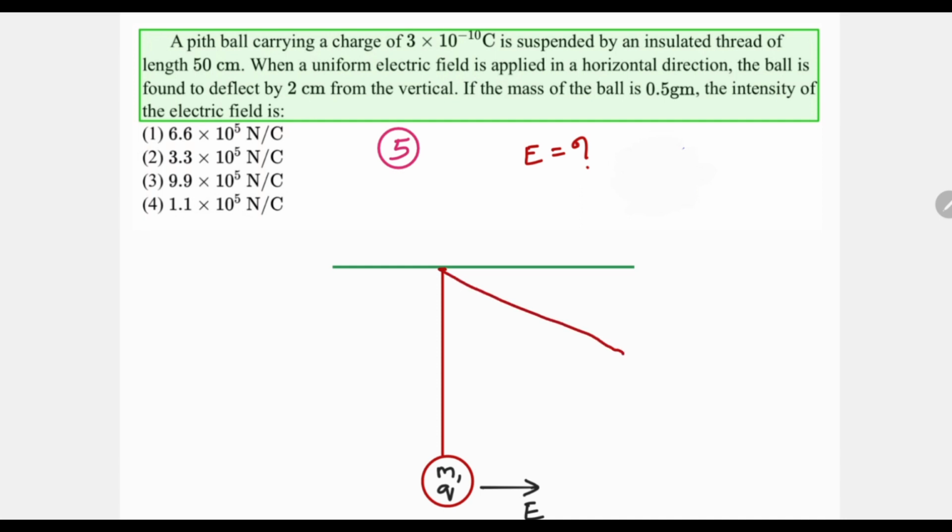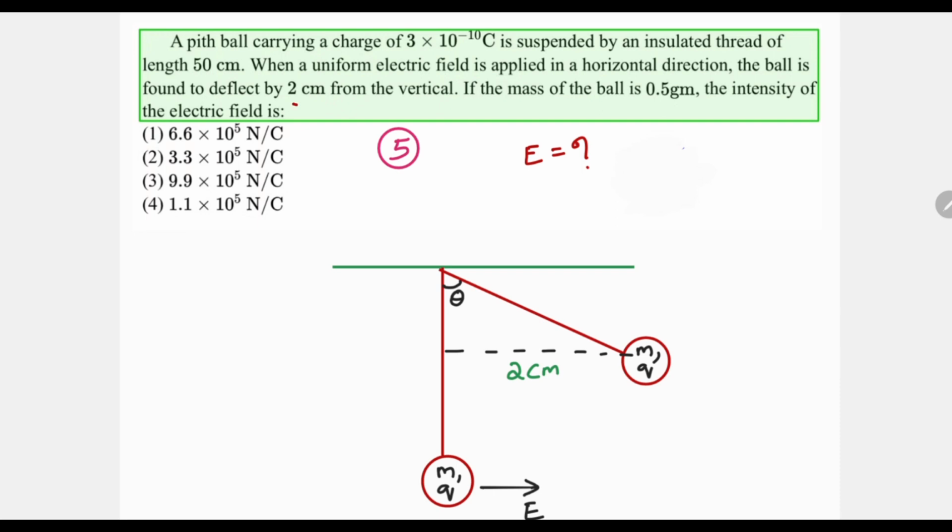The deflected position. Now here it is your mass m and charge q. Pith ball is at this position now. Let the angle here is theta, and this distance is given as 2 centimeter.